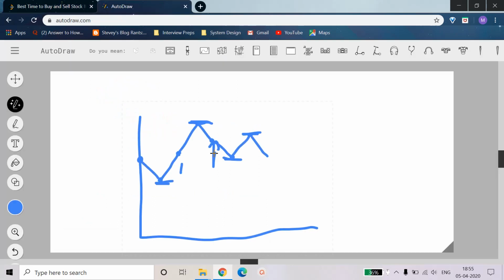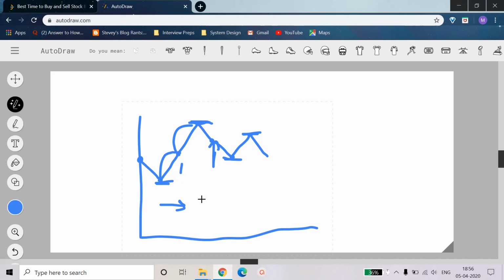So if you look at the graph, ideally what we are doing is adding up wherever there is a price increase, and wherever there is a price decrease, we are not even considering them. So what I can do is, in a single pass, whenever the price is increasing, book that profit. So I see that there is a price decrease here, but I see that there is a price increase, so I'll book this as a profit.